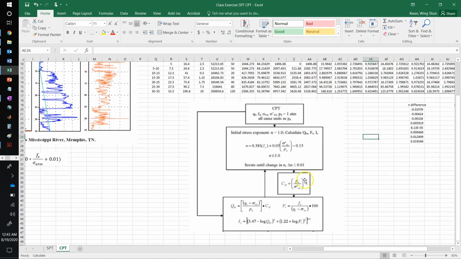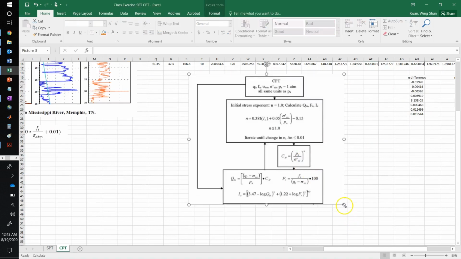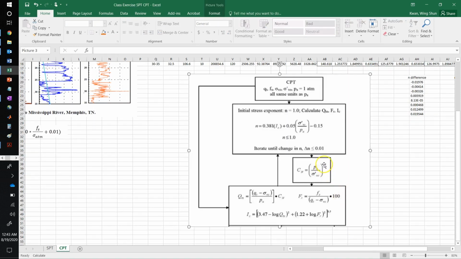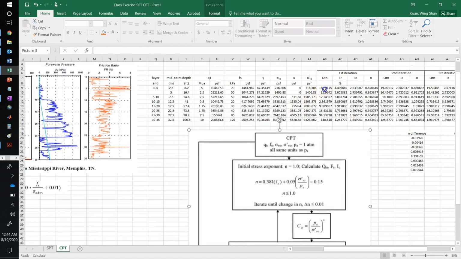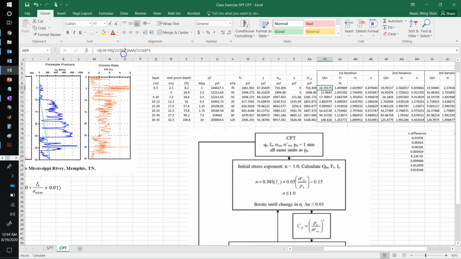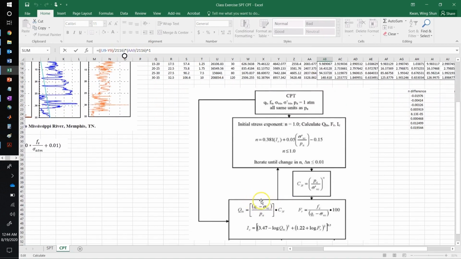And this n value will be useful right here, because you need to use the C sub n to calculate the normalized tip resistance. So first, we follow these equations, same as my calculations right here, with this n parameter equal to 1 at the beginning.